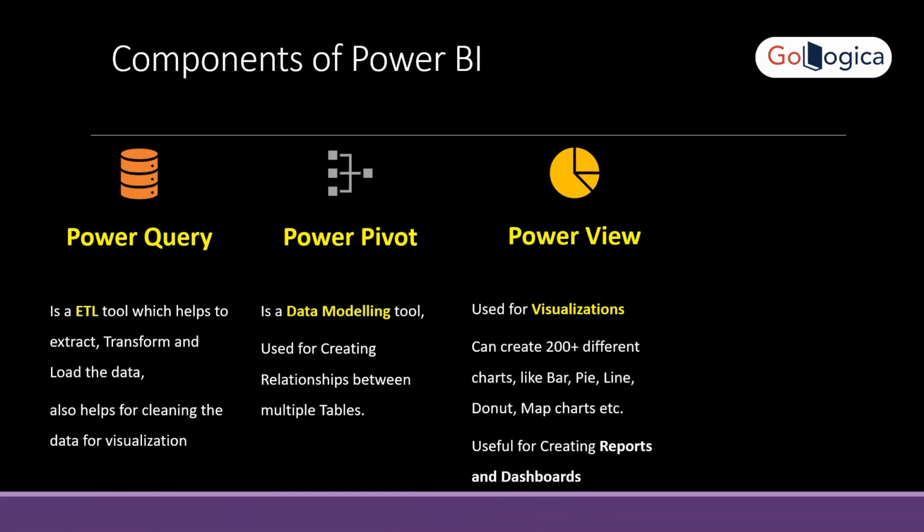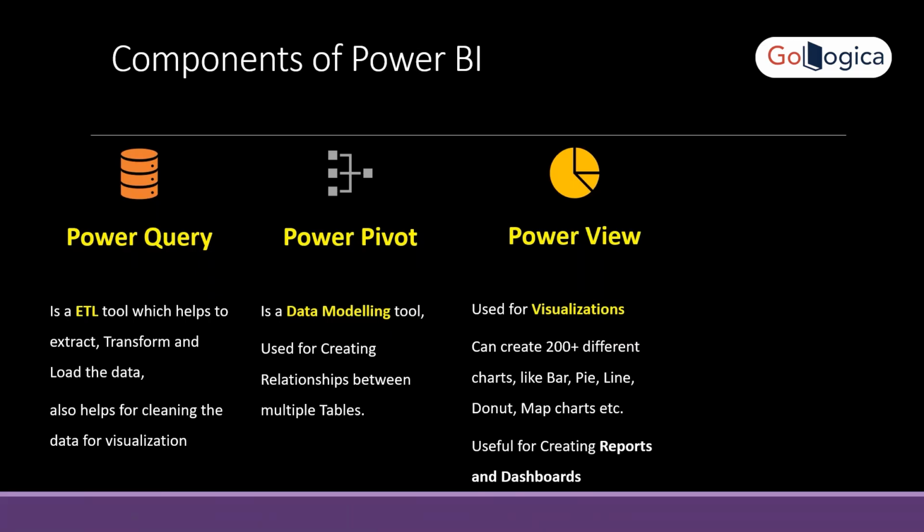Whereas Power Pivot is nothing but a tool where I can do data modeling. That means your data is present in multiple tables, and now I want to see this report as a single table. In Excel you generally use VLOOKUP to solve this kind of problem: using a reference, get the related data, and then create the reports and consolidations.